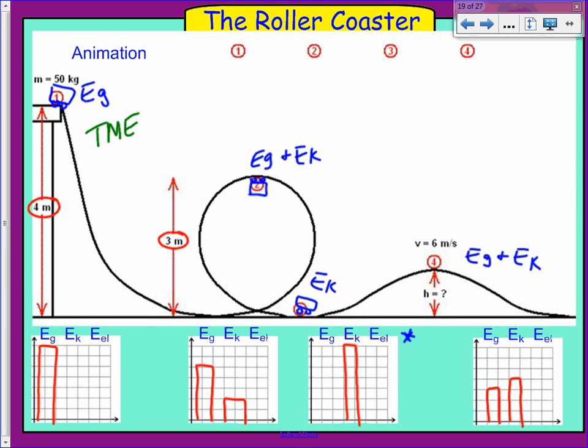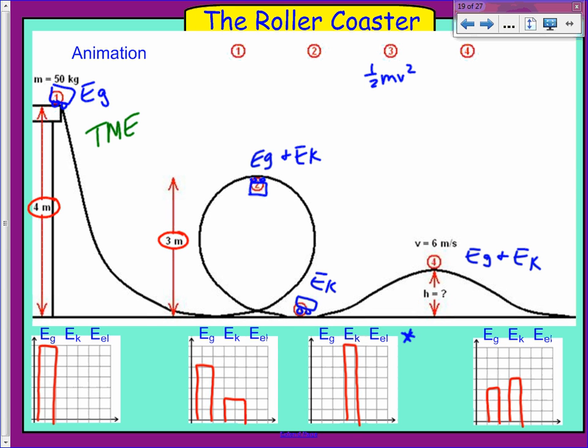At spot 3, the total mechanical energy is all kinetic. If you remember, the equation for kinetic energy is 1/2 mv squared. So if I could calculate the kinetic energy, that would tell me my total mechanical energy, since it's all Ek at that point. To do that, I need to know 2 quantities, the mass and the velocity.